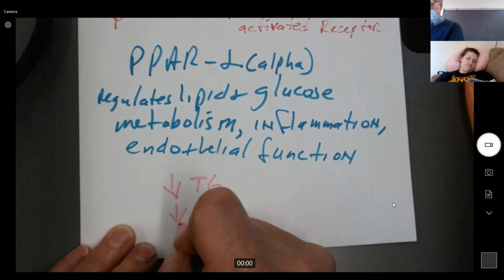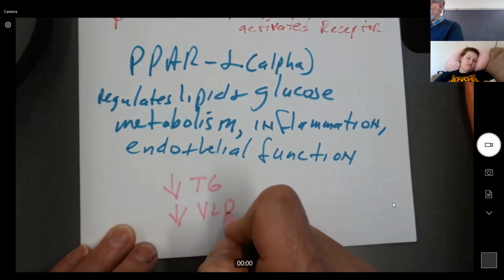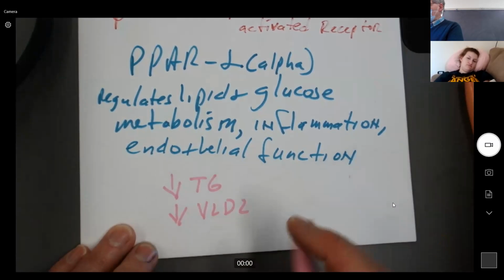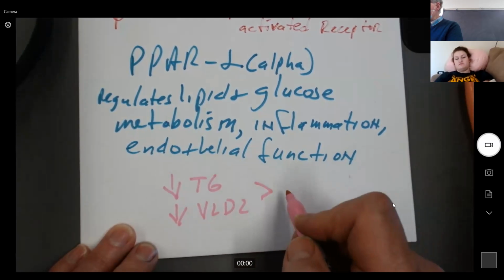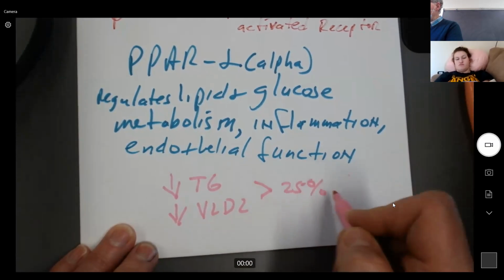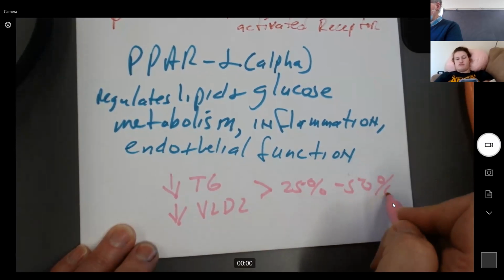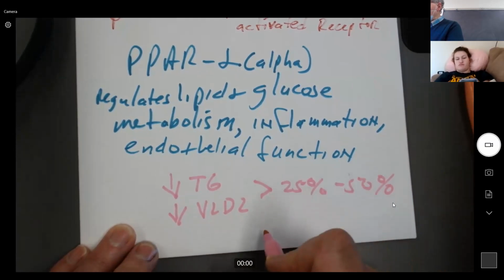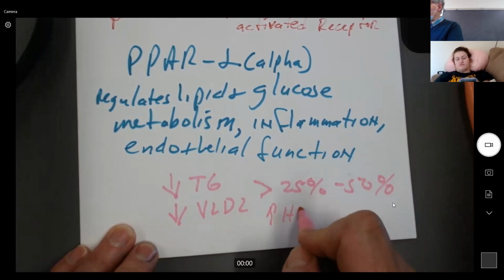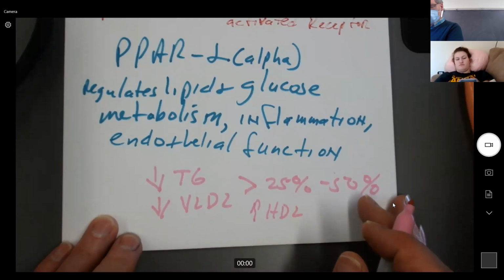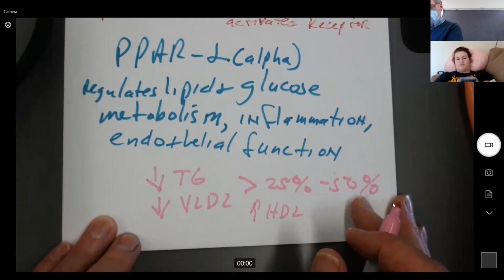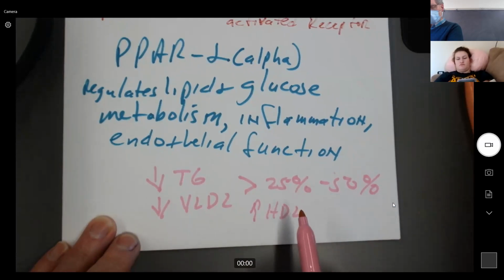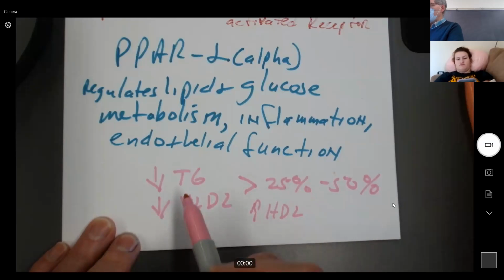They also decrease VLDL levels, usually by anywhere from 25% to 50%. They also may increase HDL levels. So these are very good for people with very high triglyceride levels.